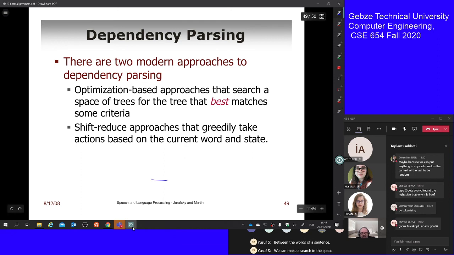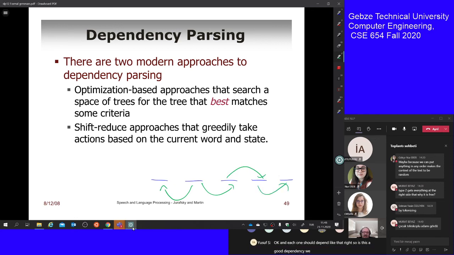Let's say these are our words, and each one should depend like that, right? So we ask, is this a good dependency, and can I find better dependencies than that? I am making a search space.